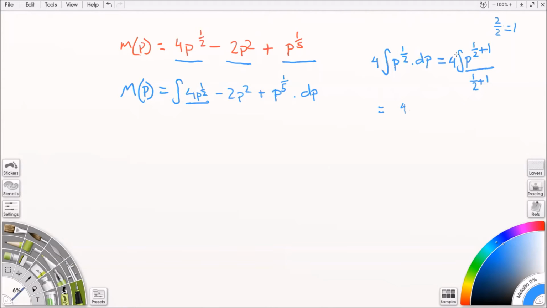No, I don't feel right writing that integral sign there. I'm going to Google that tonight. For now, I'm just going to write 4 times p. So we've brought it inside the gate, we're now focusing on it. And that now turns into 3 over 2, all over 3 over 2.